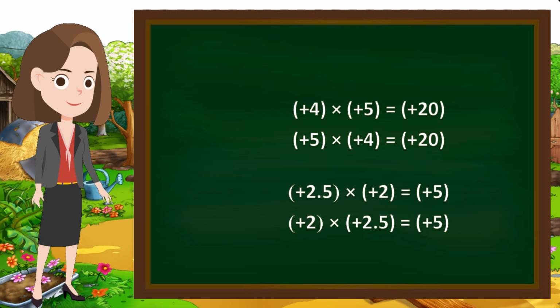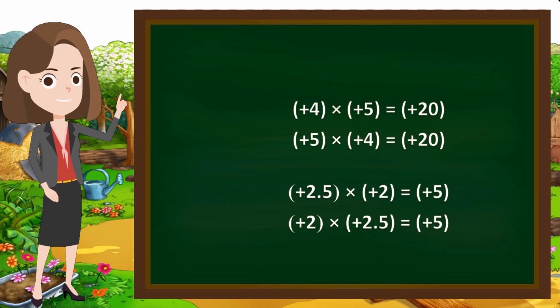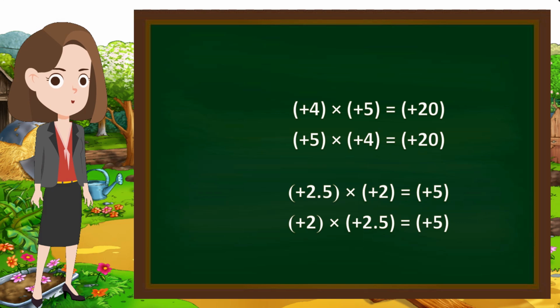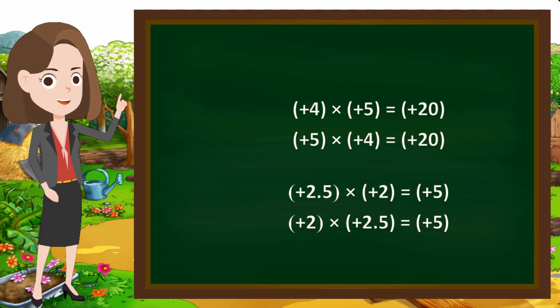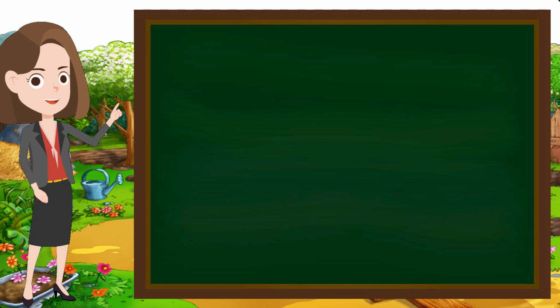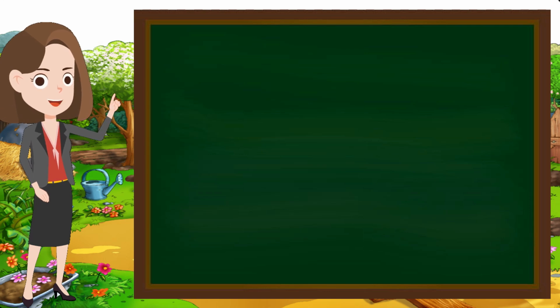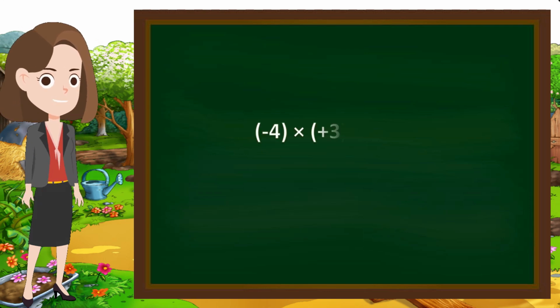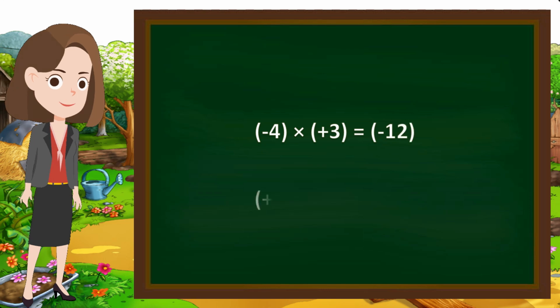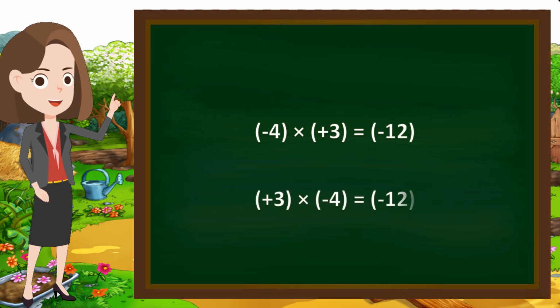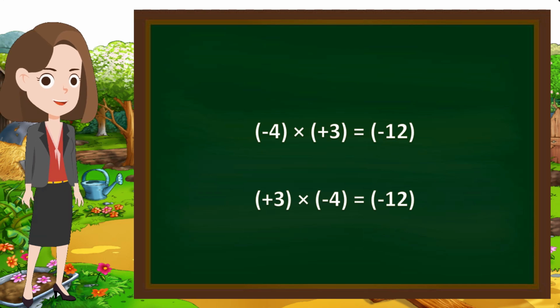Accordingly, my dear children, instead of multiplying a negative number and a positive number, we get the same answer by multiplying that positive number and that negative number. Instead of multiplying minus 4 by plus 3, we can write as multiply plus 3 by minus 4 like this. Then it becomes clear to you that the answer is minus 12.